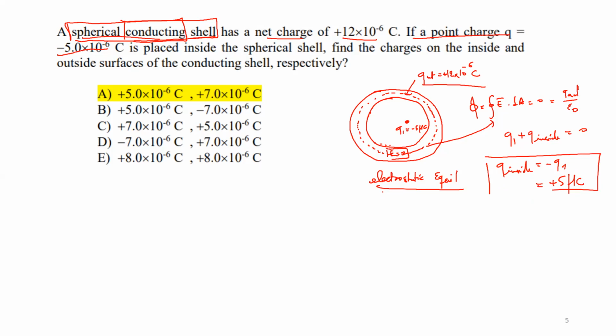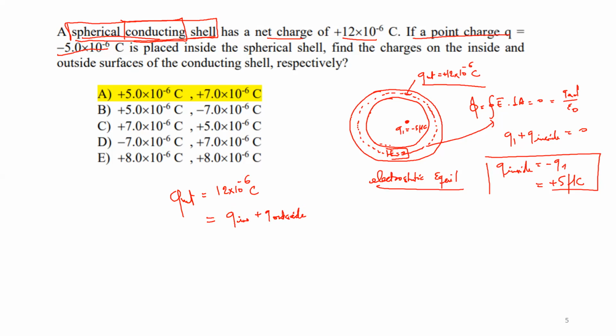Now, next thing I will use is conservation of charge. You see, in my conducting spherical shell, Q net was equal to +12 × 10^-6 coulomb. Okay. So this should be conserved. So this is equal to charge inside plus charge outside, because I know that there is no charge in between.